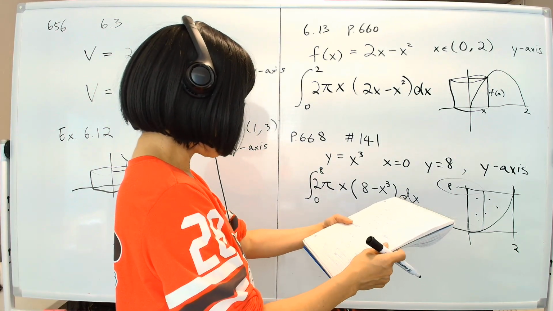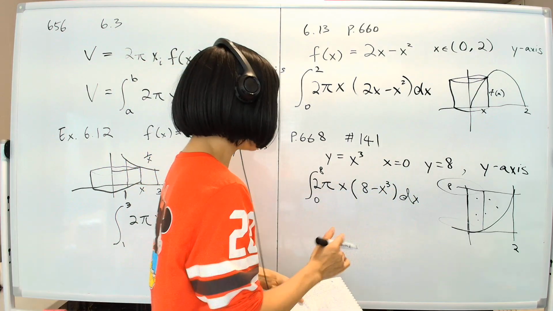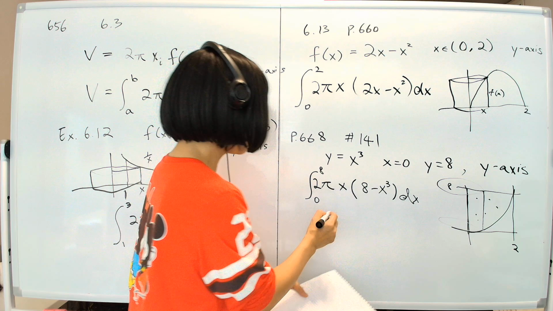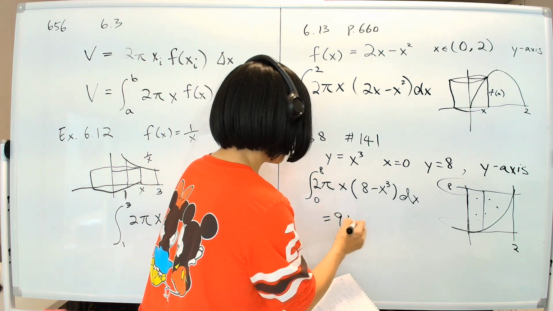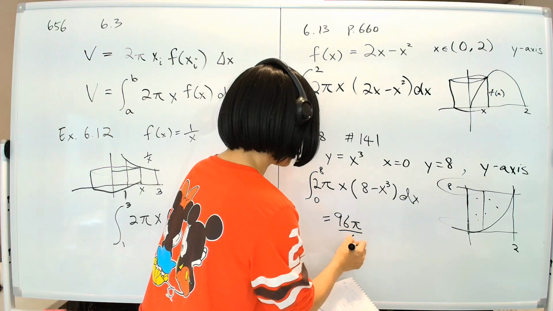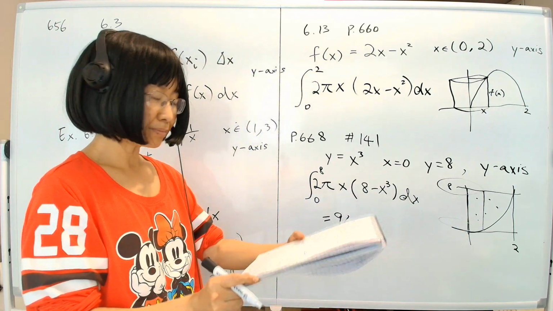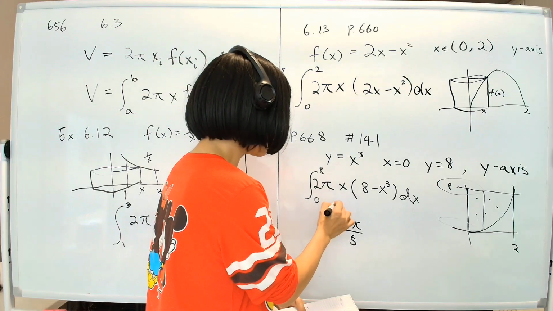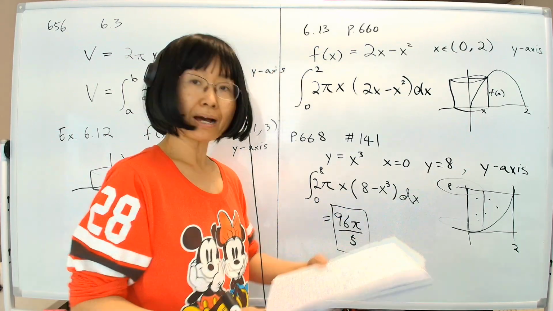And that works out pretty well. And then that, if you do the math, will become something like 96 pi over 5. However, that is not what your book says. Your book claims that the answer is, this is the right answer, okay? Now, your book claims it to be 64 pi over 5.